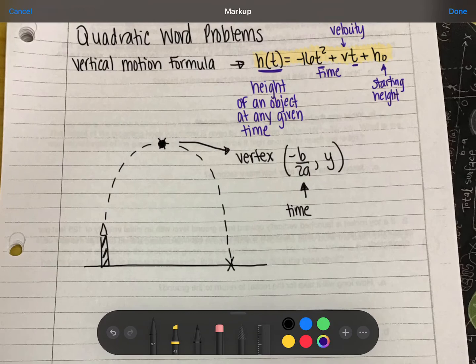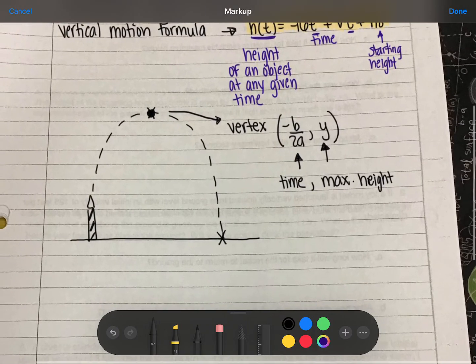You would simply do negative b over 2a. Then they're going to ask you, well, what is the maximum height? Well, that would be whatever you got when you plugged in your axis of symmetry. So maybe your rocket only went 3 feet in the air, or maybe your rocket went 100 feet in the air. You'd have to use the given equation.